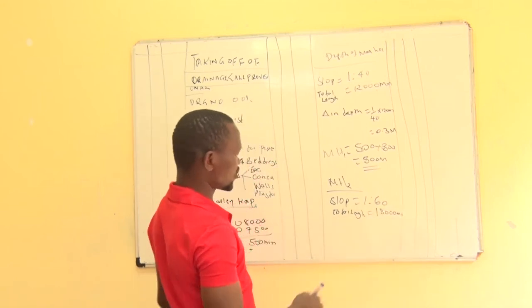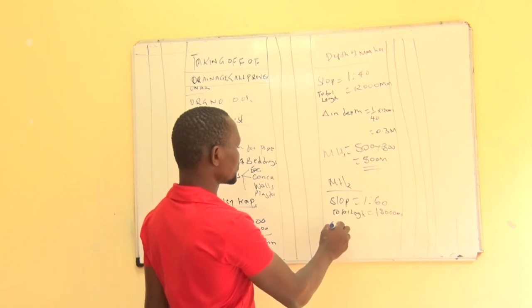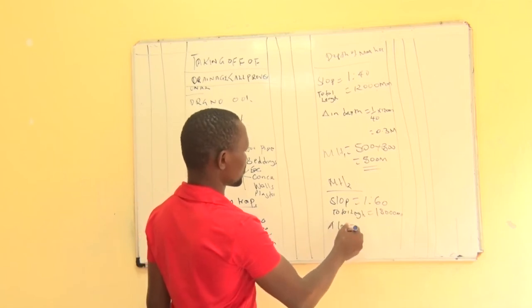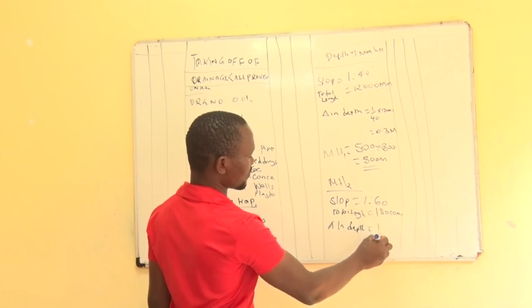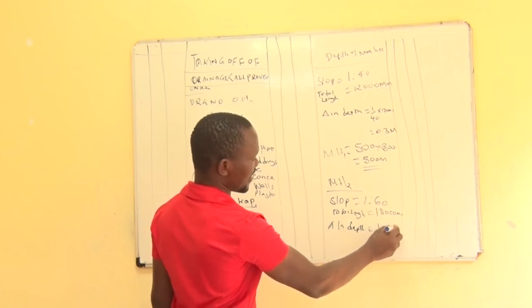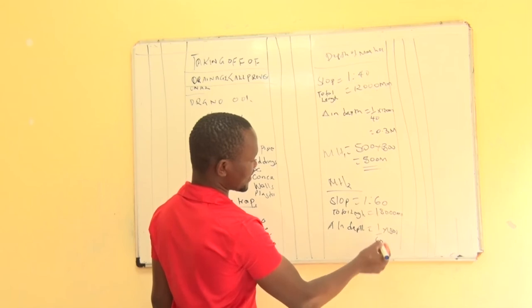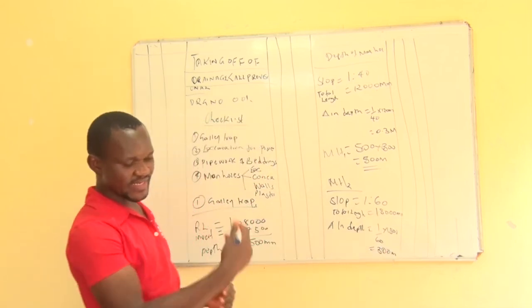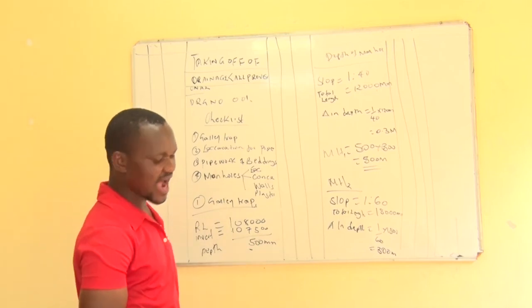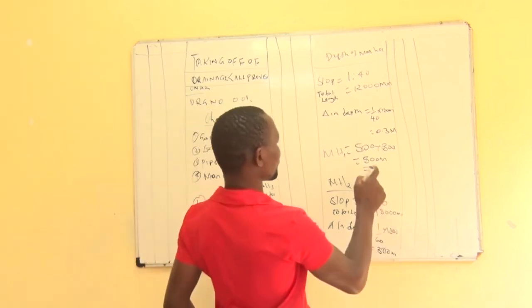So to get the change in depth, we simply have 1 over 60 times 18,000. Again, we'll have that as 300 millimeters. So for us to get the depth of manhole 2, we have to add 300.